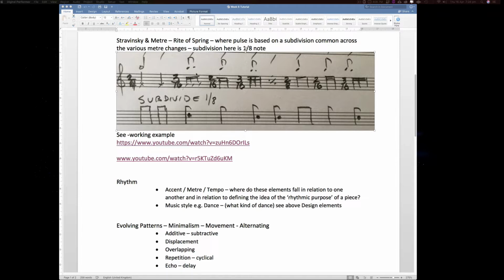So 1, 2, 1, 2, 1, 2, 1, 2, 1, 2, 1, etc. So you would get a different juxtaposition of the intention of the original design of the metric rhythmic accents.